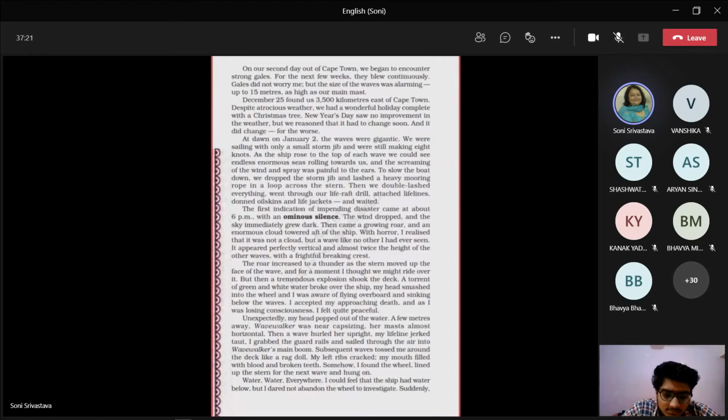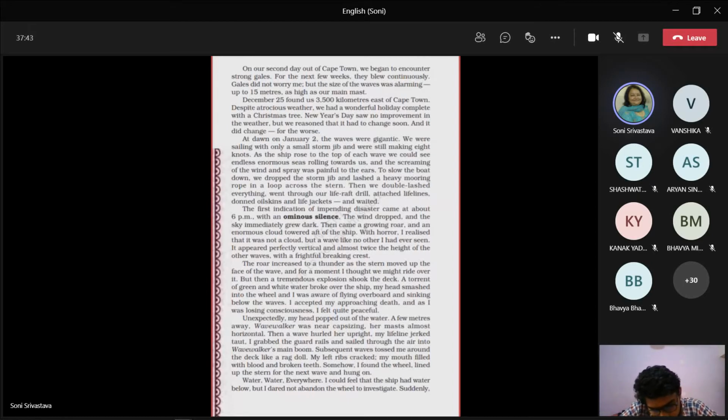Then coming to the next stanza. At dawn on January 2nd, the waves were gigantic. Gigantic means huge, like you can't imagine how big it would be. It is the worst thing possible. We were sailing with only a small storm jib.